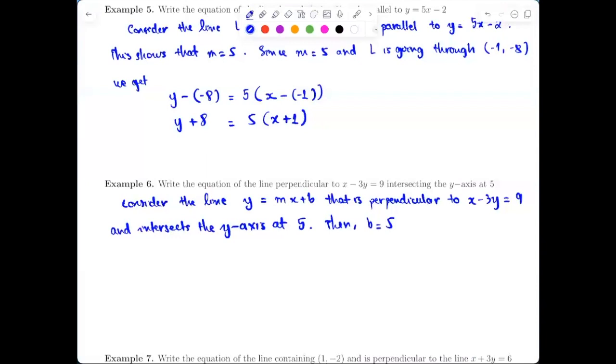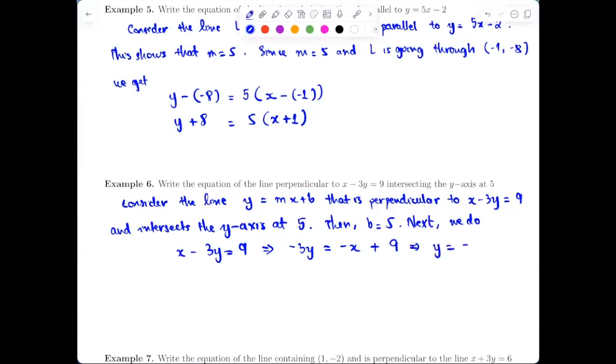Next, x minus 3y equals 9, you turn it into slope-intercept form. That is -3y equals -x plus 9. Then to get y by itself, you divide both sides by -3.